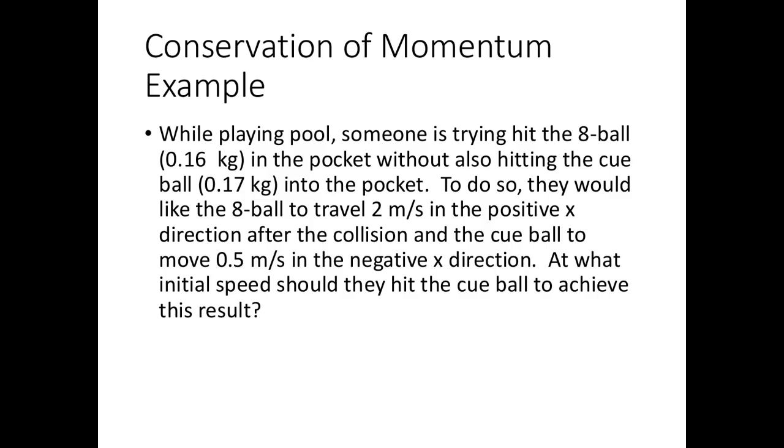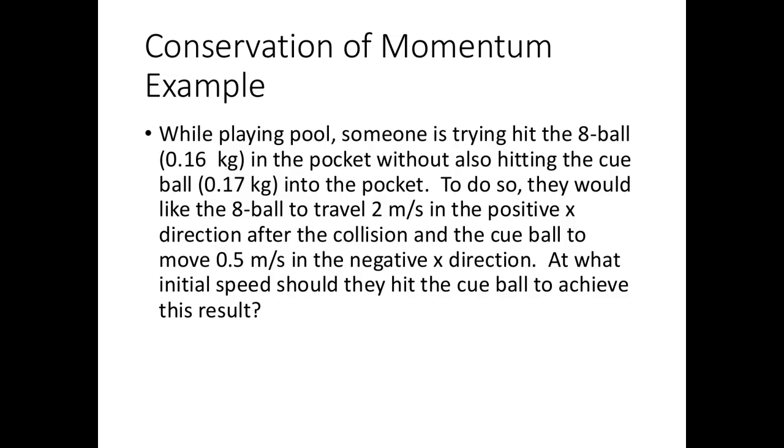So let's do an example. You're playing pool and you're trying to hit the 8-ball in the pocket. When you're playing pool, you have to hit the cue ball into whatever ball you're trying to hit, so this is a collision problem. We would like the 8-ball to travel 2 meters per second towards the pocket.